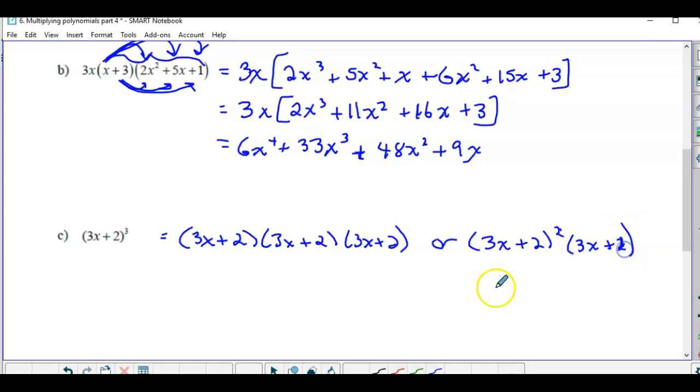Okay, and you may want to do that. If you're comfortable squaring a binomial, this is the method that you would be fastest. Because 3x plus 2 squared, fast way, you square the first term. You take the product of the two terms and double it. And the last term squared. Then you take that and multiply by the remaining binomial.